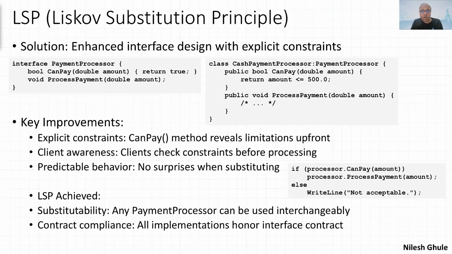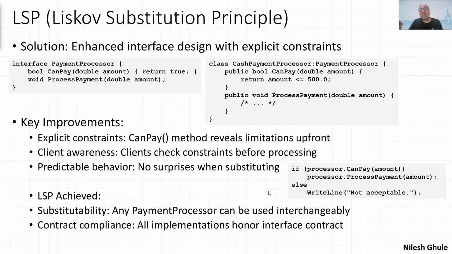Of course, you need to modify your client code, your higher-level service code. The client has to check the constraint before processing it. And then there is predictable behavior. It is not going to throw exceptions at runtime. Since the contract was written in a way people can expect, the high-level code can expect that these checks are really required.